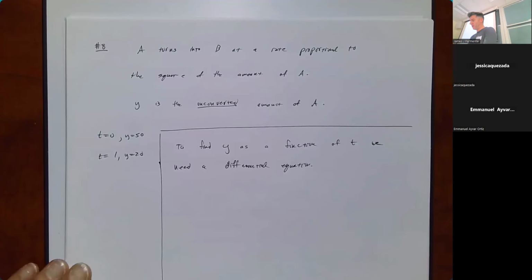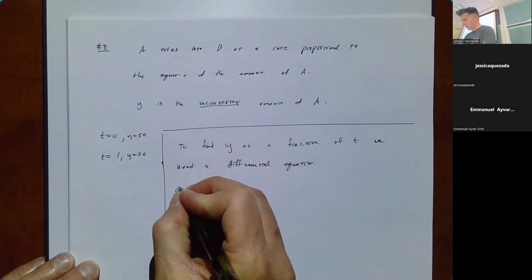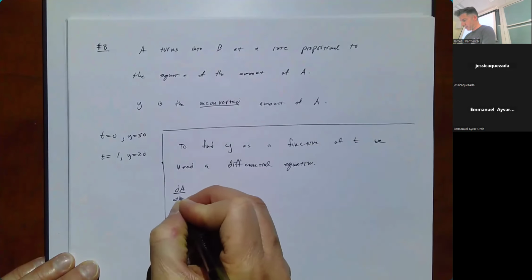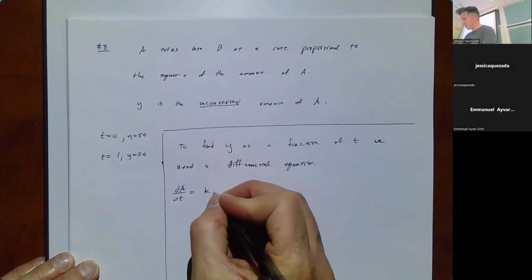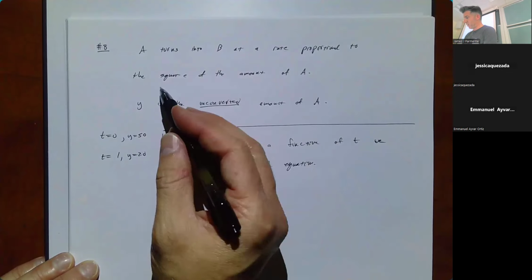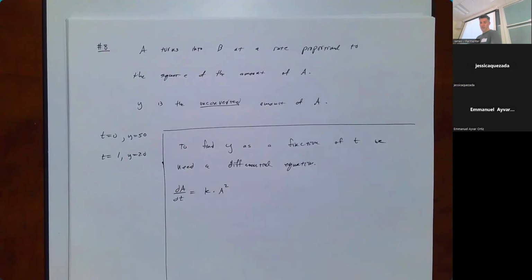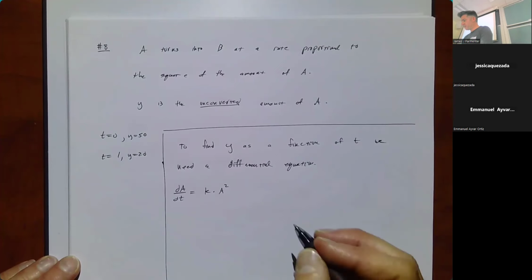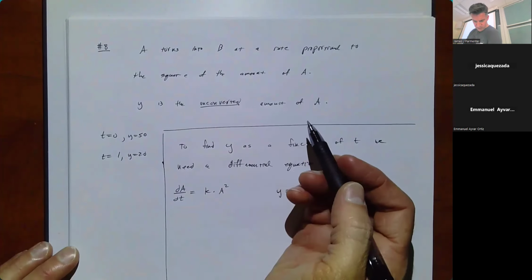I know that the rate of change of A, dA/dt, is equal to some constant times the square of the amount of A. That might be helpful, might not. y is the unconverted amount of A. So I guess y is equal to, I don't love the way they phrase this.